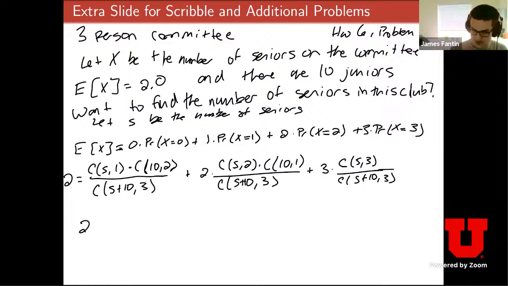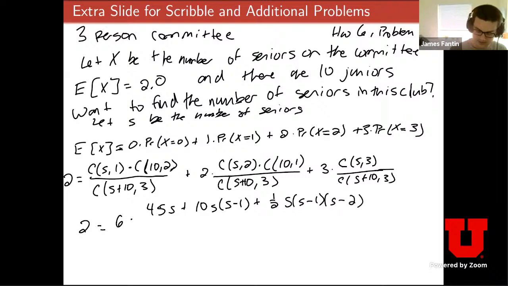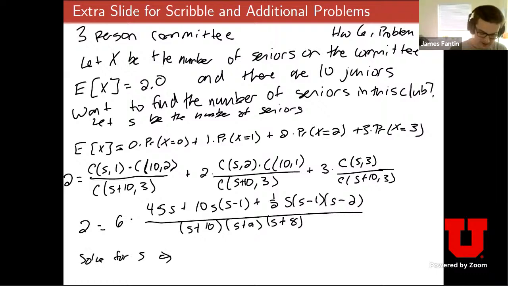And then you'd eventually get that 2 is equal to 6 times this, and if you solve for S, that gives you that S is equal to 20. And yeah, that's a perfectly valid way to solve this problem.